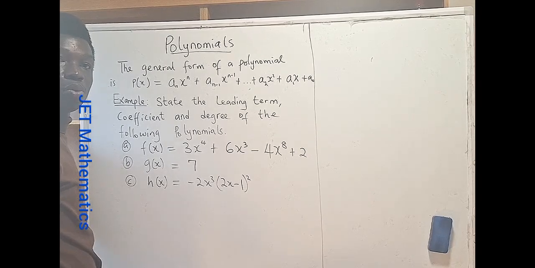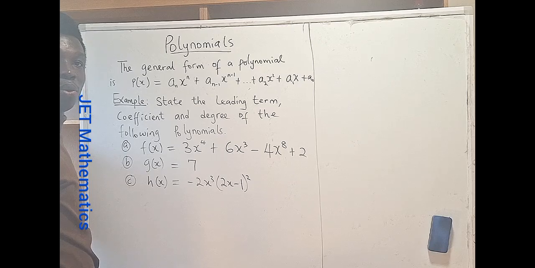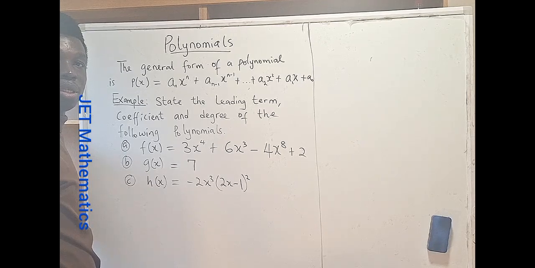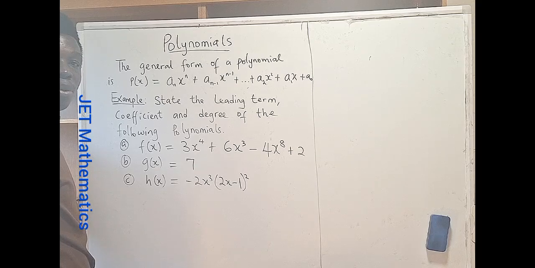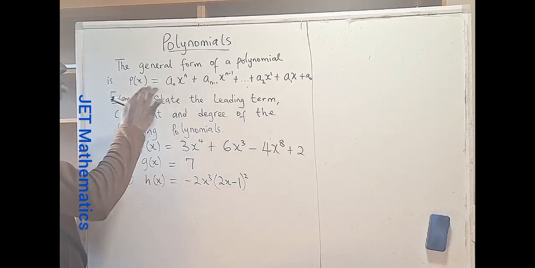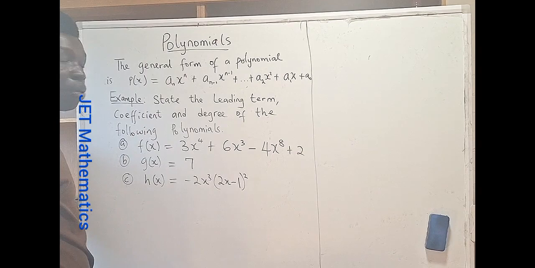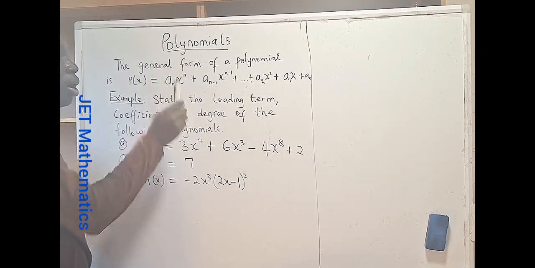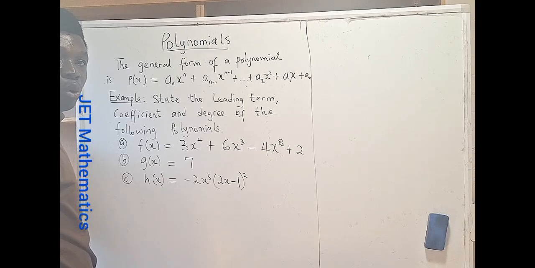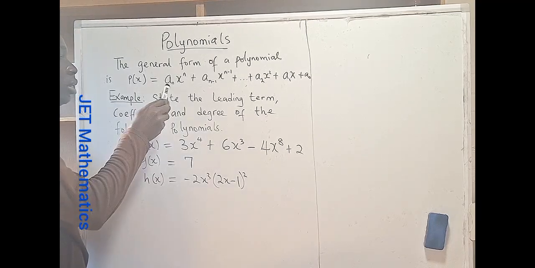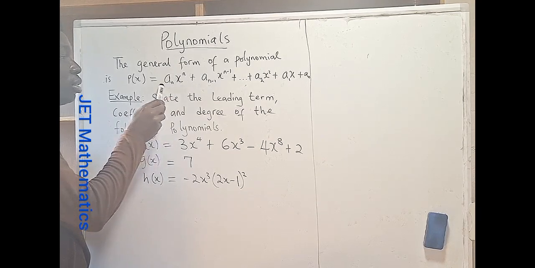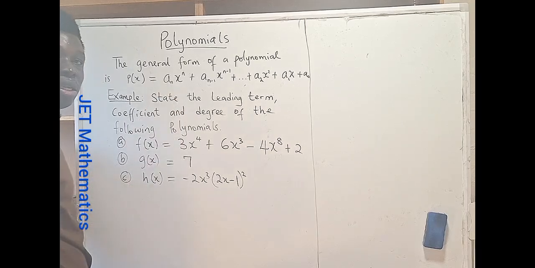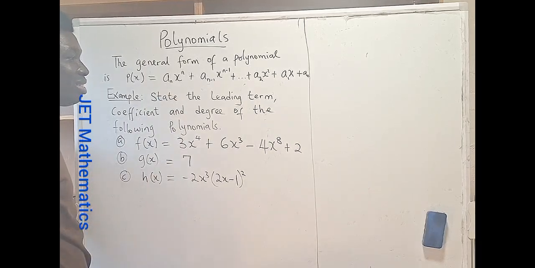In this video, we'll be applying the knowledge we established in our previous class on polynomials. We looked at the general form of a polynomial, which is on the board here. We said the highest power is the degree of the polynomial, and the term that carries the degree is called the leading term.